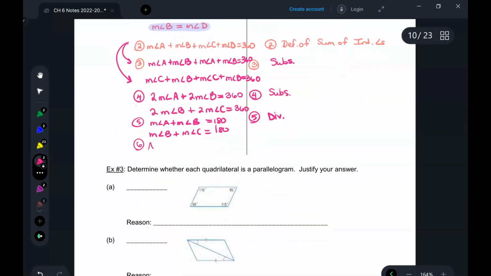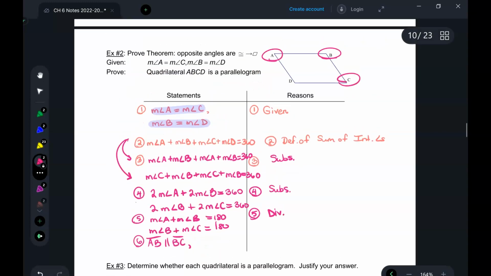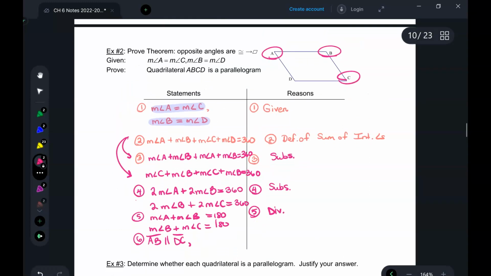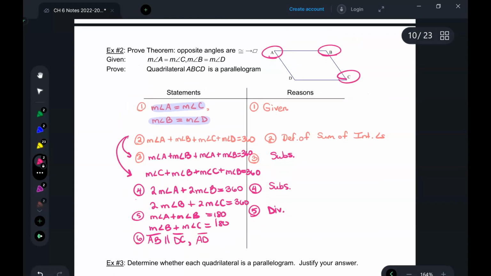So I have AB has to be parallel to DC, and AD is parallel to BC. This is the converse of the consecutive interior angles theorem.